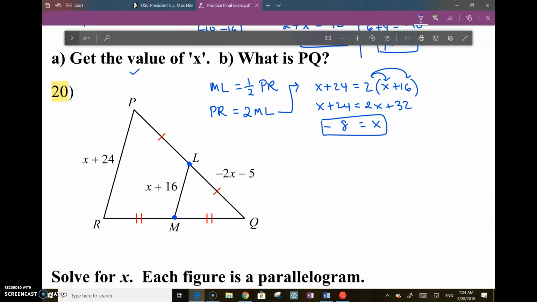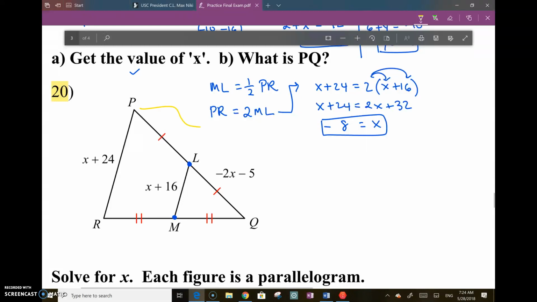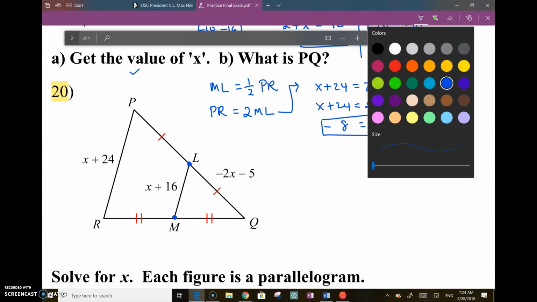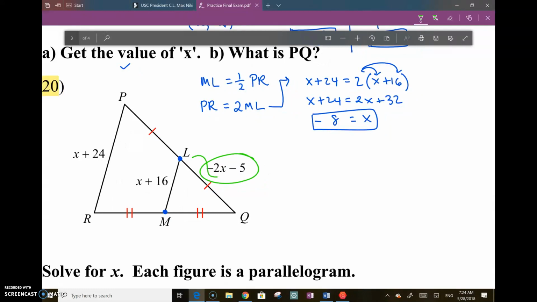Part B is, what is the value of PQ? Now, PQ is this entire length over there, the entire thing. And in order to figure out what that is, I need to first substitute my value of negative 8 into this space here, because this represents the length of L all the way to Q. And once I know that, I can simply double it and figure out the length from P all the way down to Q. And the reason I can do that, once again, is because point L is a midpoint.